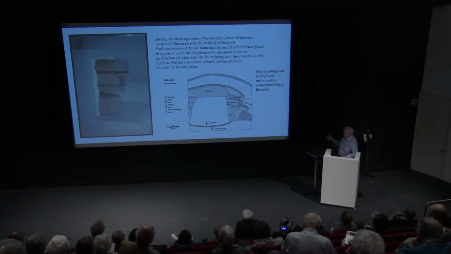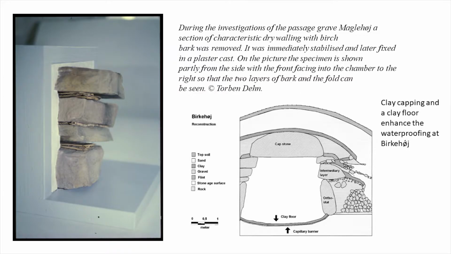I think that's clay, and that's the ground surface up there. And in this example, there's also a clay layer inserted on the floor. They argue that the purpose of this is to create an eternal home for the dead. And you have to admit that if that was the interpretation, they've come blinking close to achieving it.